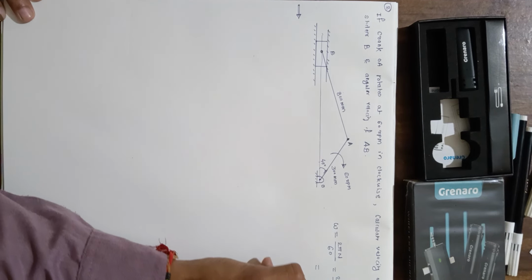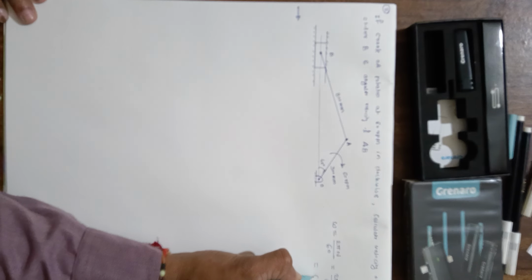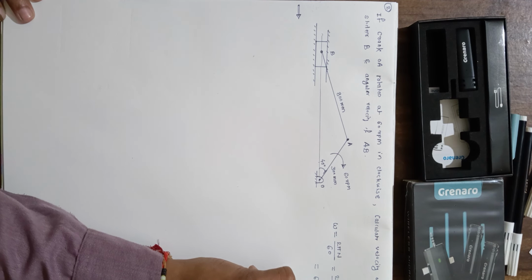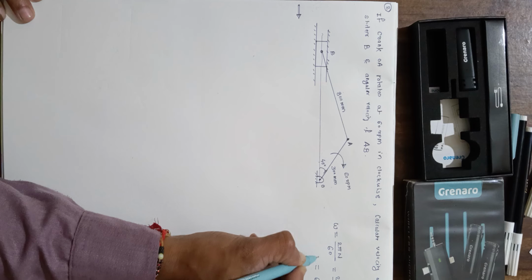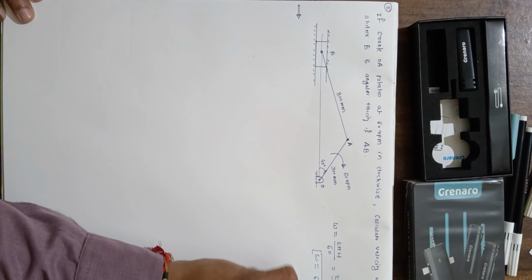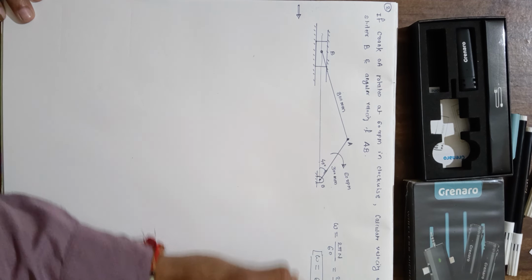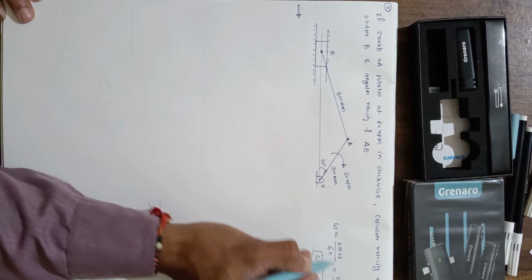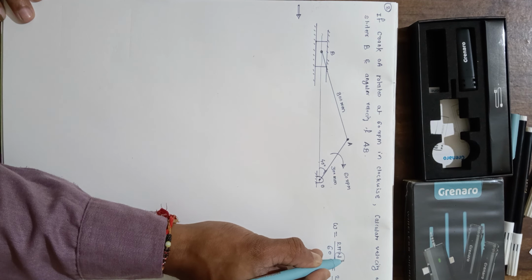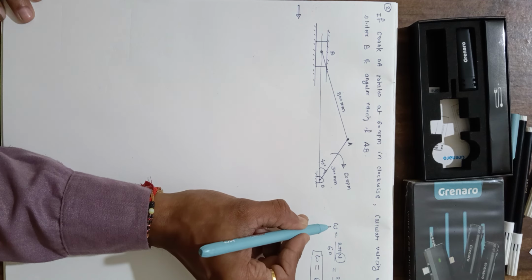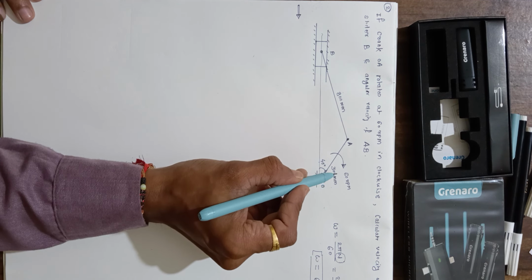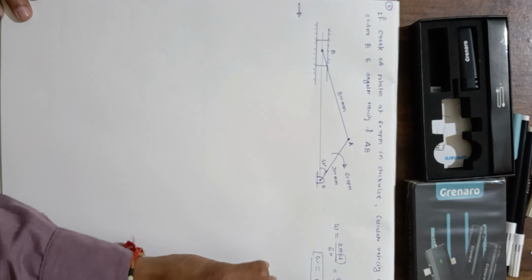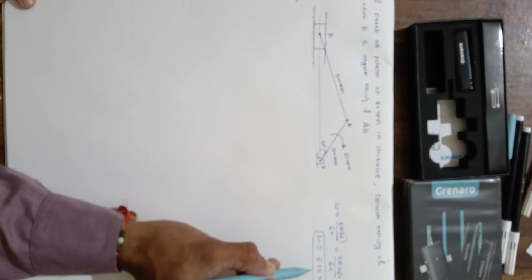So 3.14 into 2, this is 6.28 radian per second. We should use this formula, omega equals 2 pi n by 60, if rpm is given. If omega is given directly, then we take the omega as it is in the problem. So we got the answer as 6.28 rad per second.